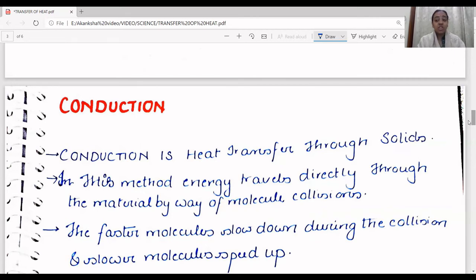So energy will travel from the flame to the utensil, right? And how this actual process goes on, which we cannot see with our naked eyes, is actually molecule collision. So basically, when you heat something, molecule collision arises, and that lets the other body get heated too.